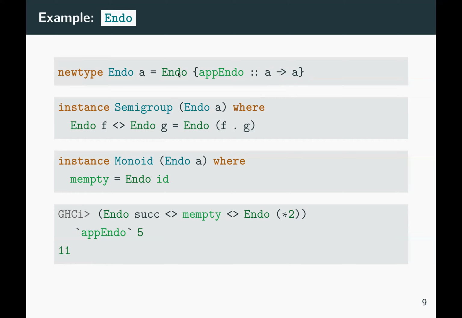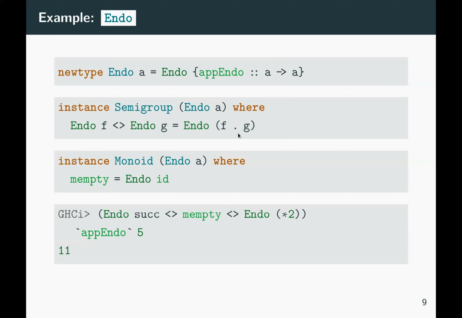So we see it's just a newtype wrapper around functions from A to A. So not arbitrary functions, but functions where the codomain and the domain are the same. And that is a semigroup by function composition. So you can diamond an Endo F with the Endo G by just composing F with G. Because with composition, that's only defined if the codomain of the first function is the domain of the second. But because we have endomorphisms here, where it's always the same, this trivially works. So it's always well defined.